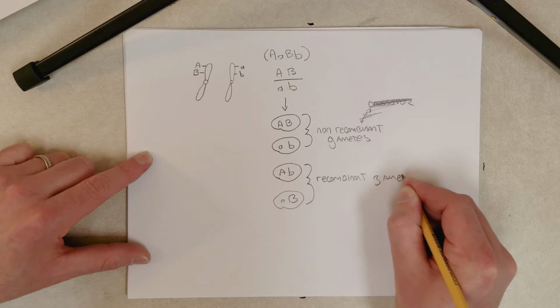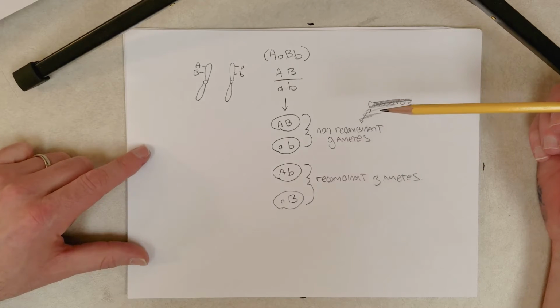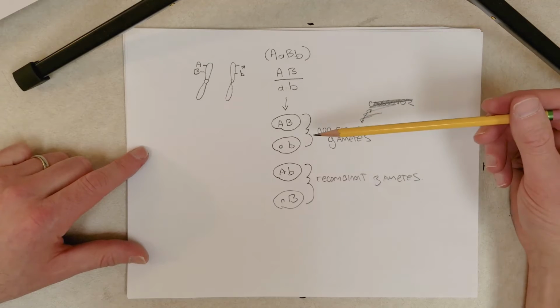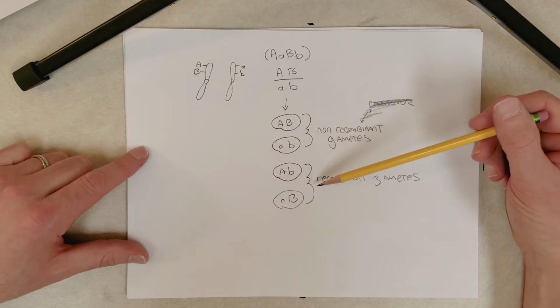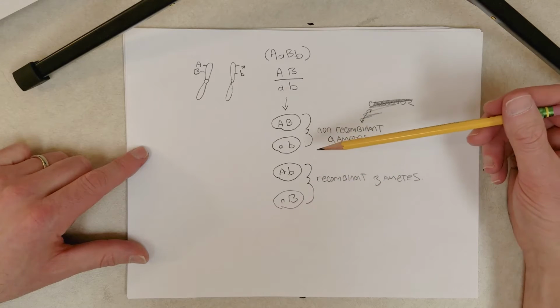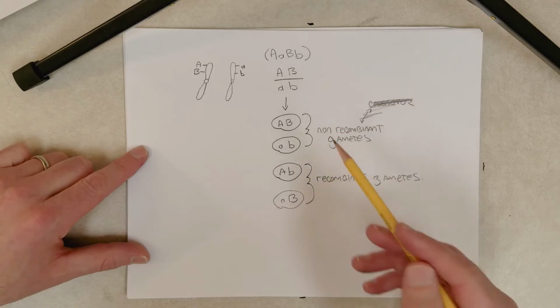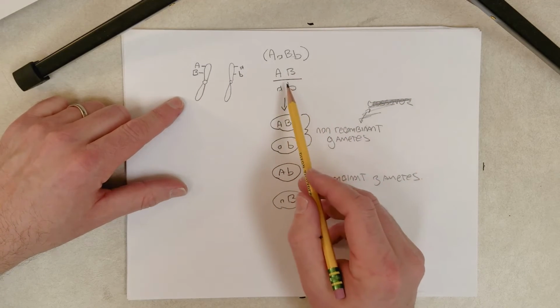Now, a lot of students have a common question, and that is, how do you know which ones are the non-recombinant gametes and which are the recombinant? I didn't just pick these at random. There's a method you can use. Take a look at the way the alleles are arranged in the parent.